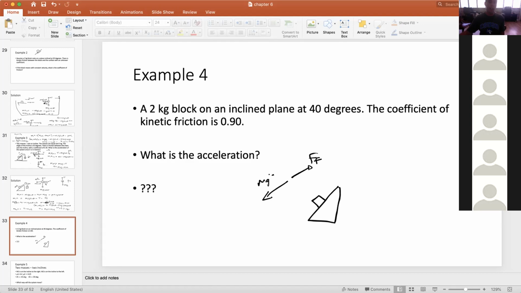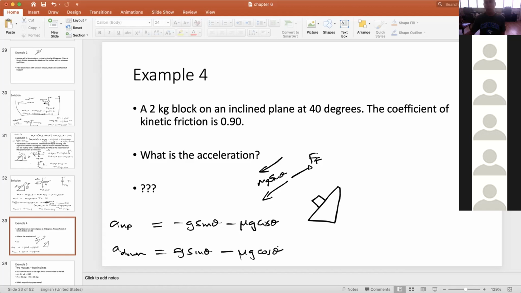So there must be mg sine, and the acceleration, well, it's again the same problem that we just had. It could have an acceleration up and an acceleration down. When it's going up, it would be minus g sine theta minus mu g cos theta. And going down, it would be g sine theta minus mu g cos theta.